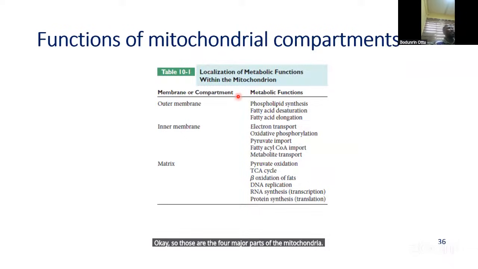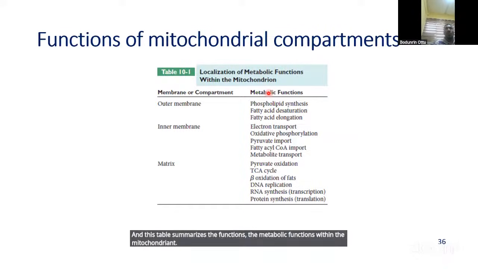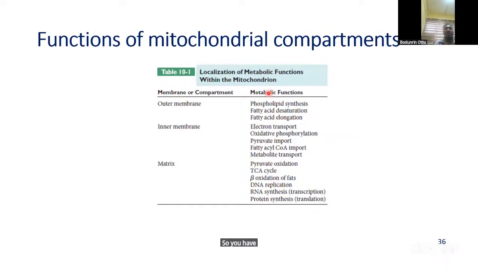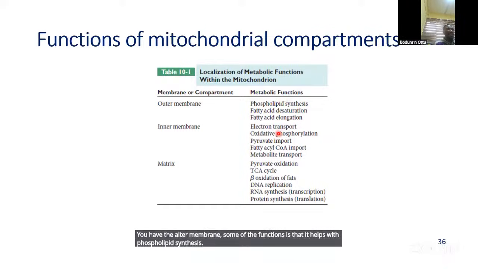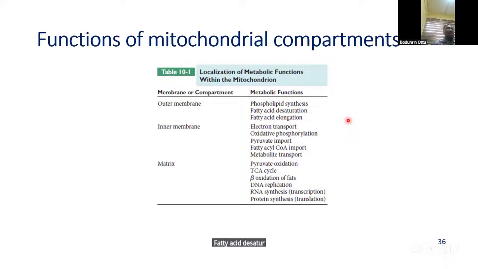And this table summarizes the metabolic functions within the mitochondria. So you have the outer membrane. Some of the functions is that it helps with phospholipid synthesis, fatty acid desaturation, fatty acid elongation, that is elongation of fatty acids.